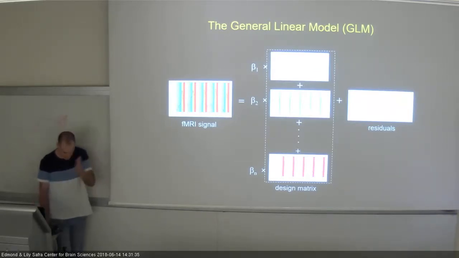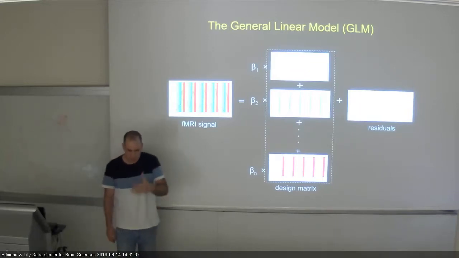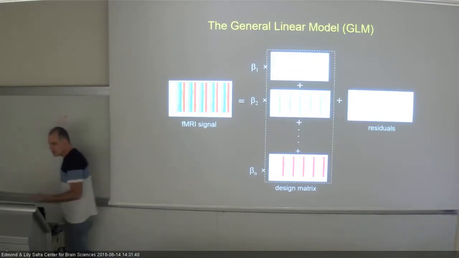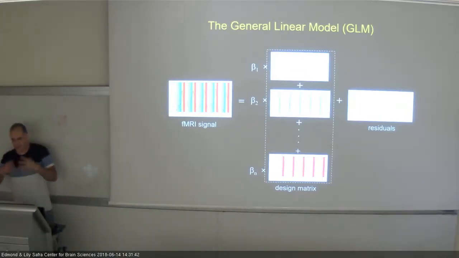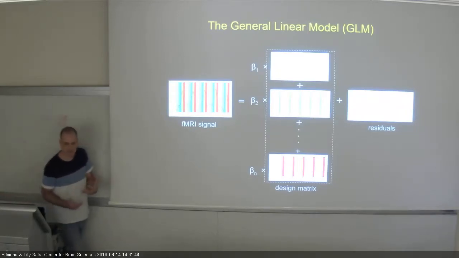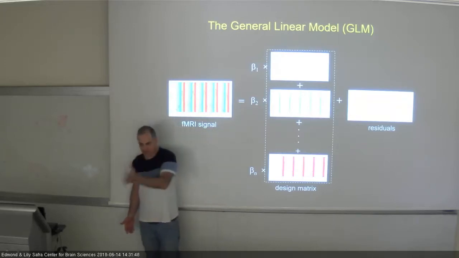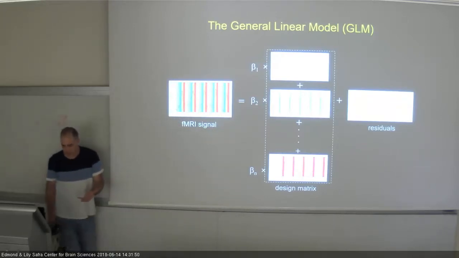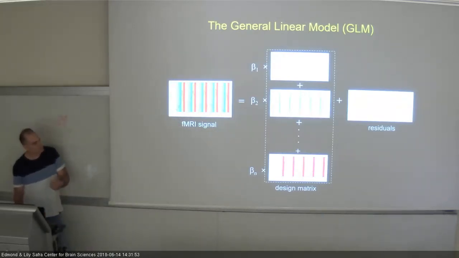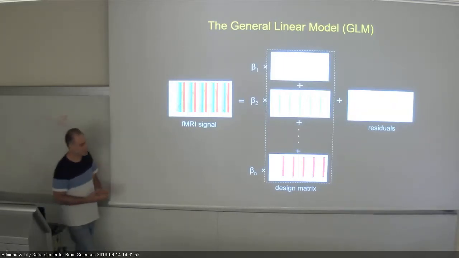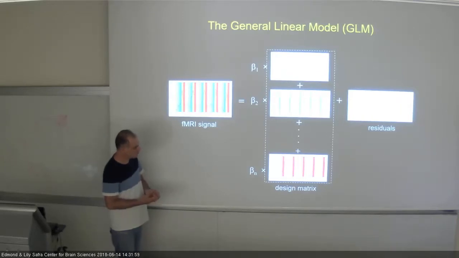If a single voxel is more active for faces than houses, the shape of the HRF should be the same, but the amplitude of the HRF when I present faces should be, I don't know, 4 times the amplitude when it is being presented with houses, and the other way around for the house-sensitive voxel.